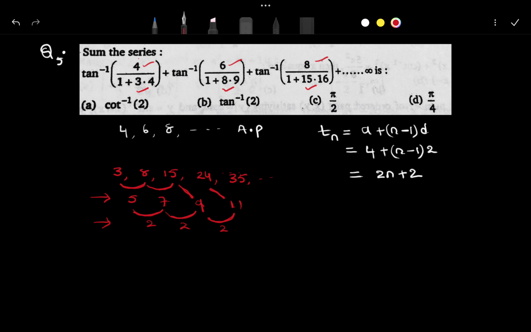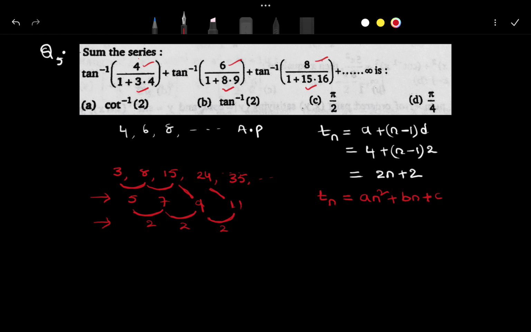When the second time is the same, the nth term Tn will be in the form of a quadratic expression, a into n square plus b into n plus c.